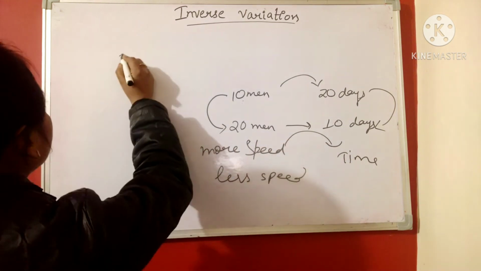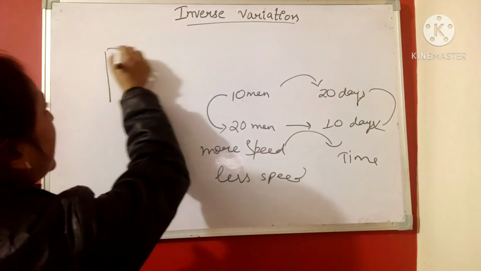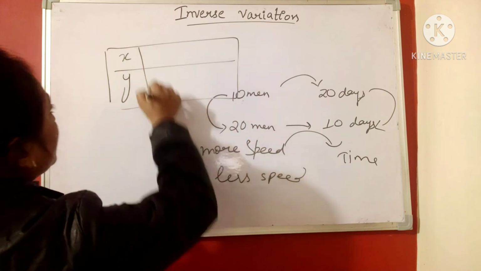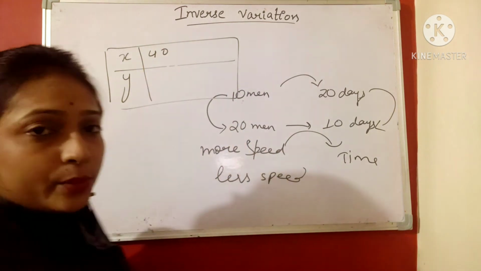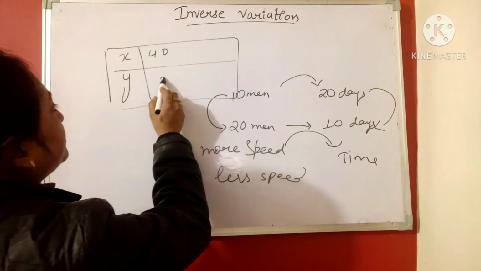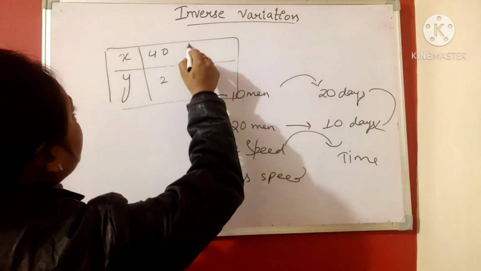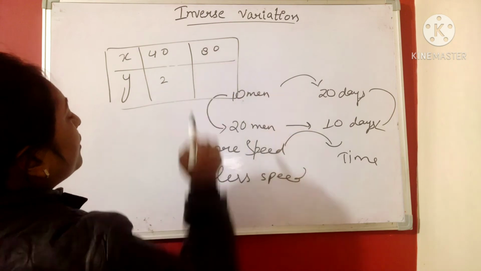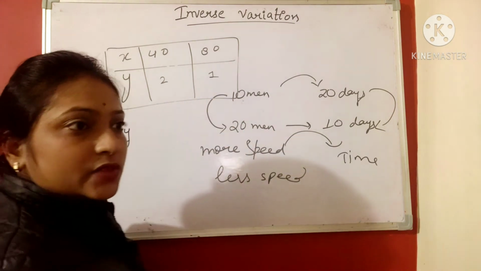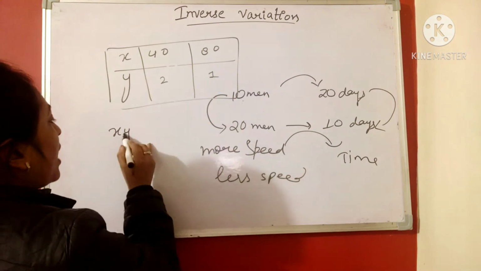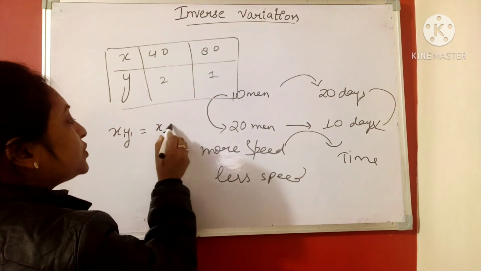Now here we have two quantities, x and y. For example, in the same case, if we are moving at 40 km per hour speed, I am taking 2 hours. If we are moving at 80 km per hour speed, I am taking 1 hour. Now, in these cases, we will have x1 y1 is equal to x2 y2.